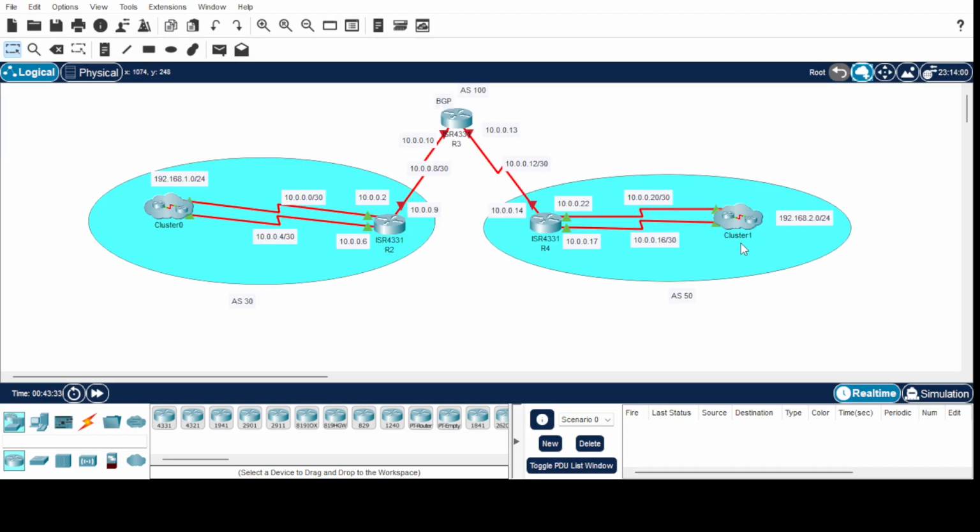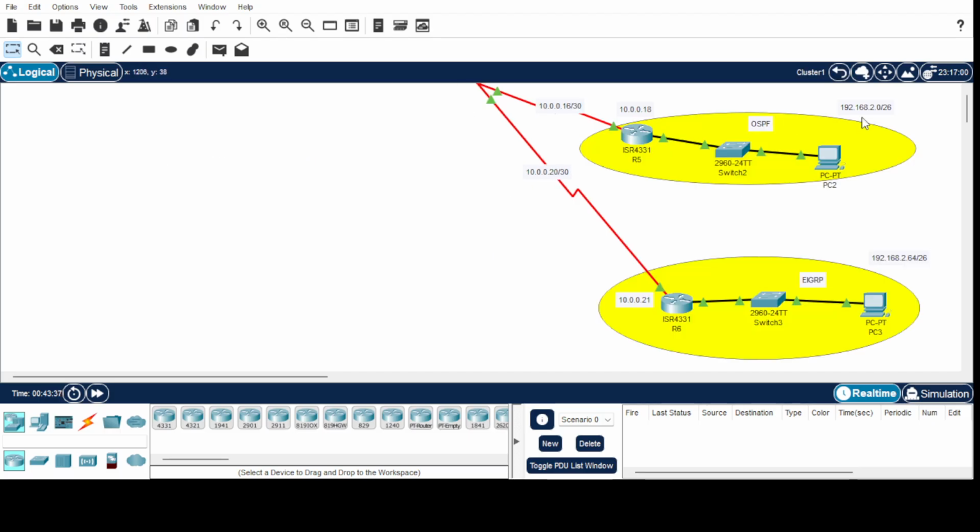Similarly, in cluster 1, this network domain is subdivided into two subnetworks, 192.168.2.0/26 and 192.168.2.64/26, having OSPF and EIGRP respectively as their internal routing protocols.